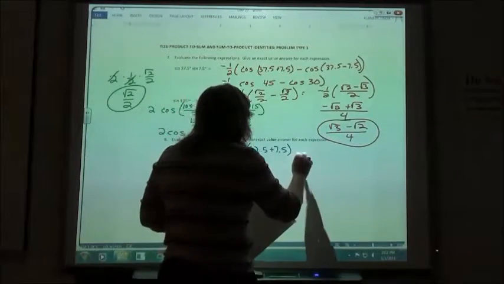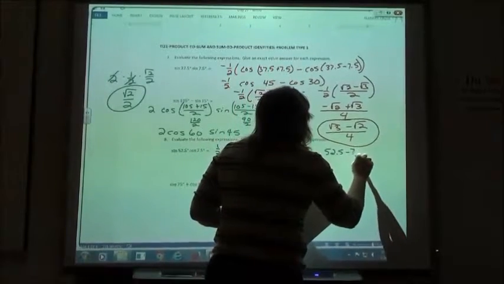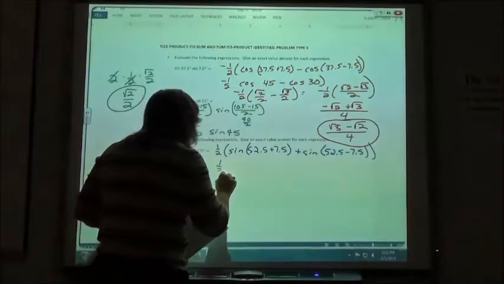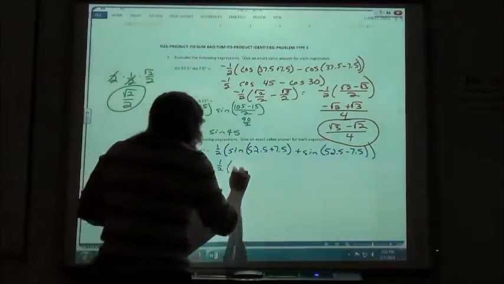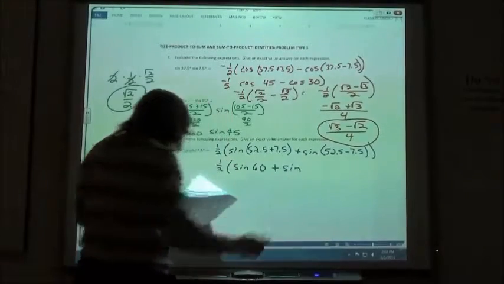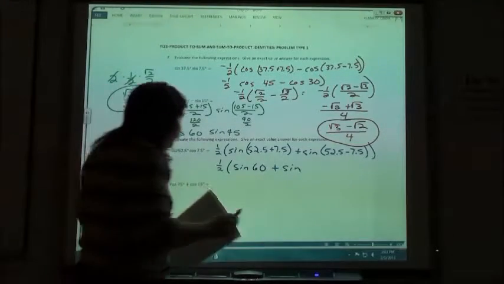And then I'm going to have plus the sine of 52.5 minus 7.5. So 1/2, 52.5 plus 7.5 would be 60. And then 52.5 minus 7.5 would be 45.